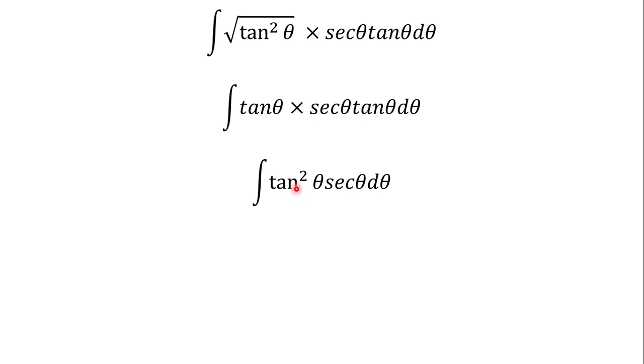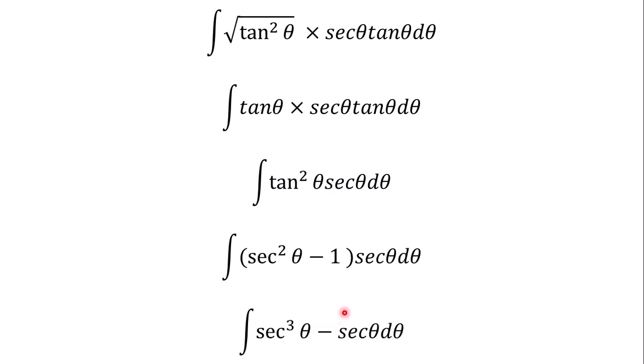So you're going to replace this one with secant squared minus 1. When you do that, this one is the same as secant theta here, so this one multiplied by this one will give us the integral of secant raised to the power 3 theta d theta minus secant theta d theta.